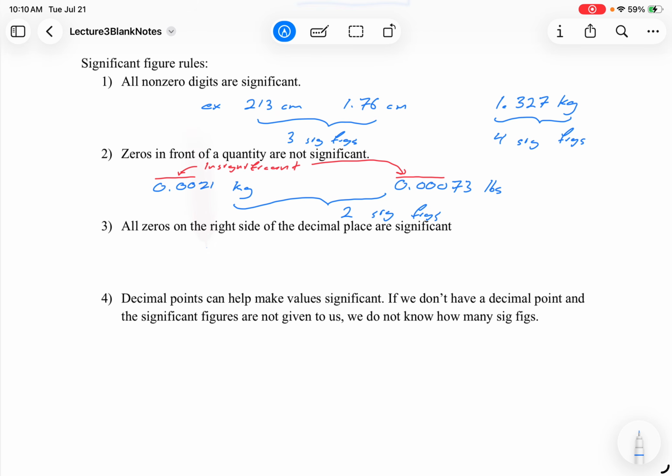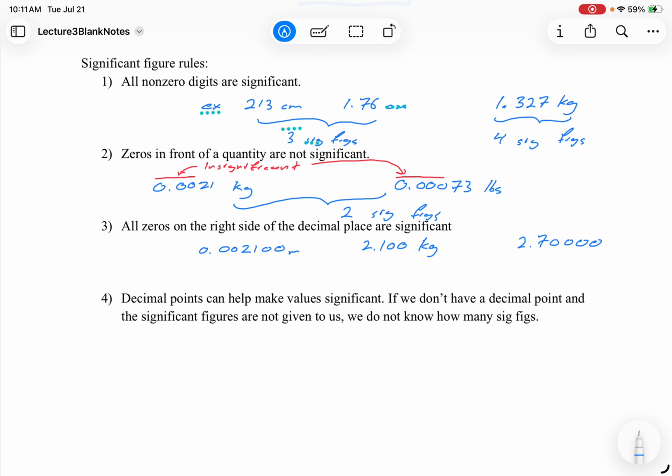So we have 0.002100 meters, and then we have 2.100 kilograms, and then we have 2.70000.